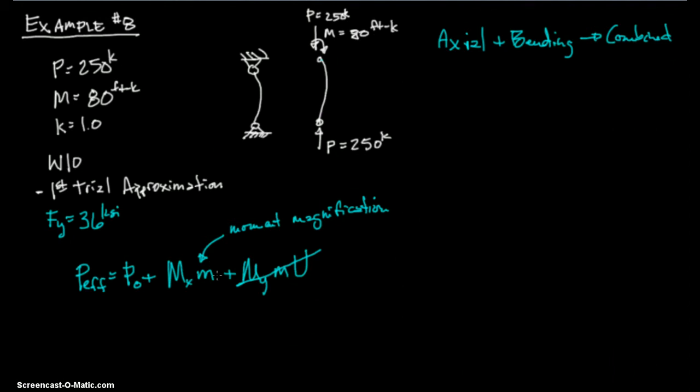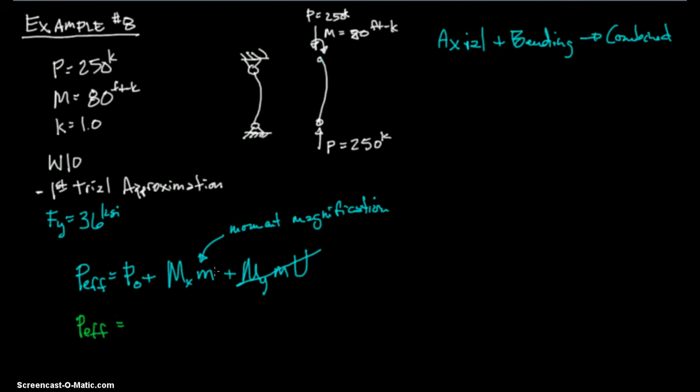And typically these are pretty conservative, if I remember correctly, to make sure that you're not going to buckle. So this moment magnification is probably going to be more than that iterative process of a second order approximation or a second order analysis. Alright, so let's go ahead and solve for P effective.